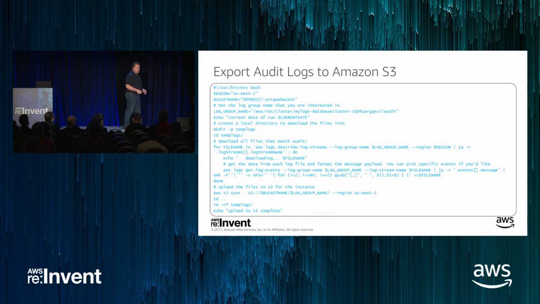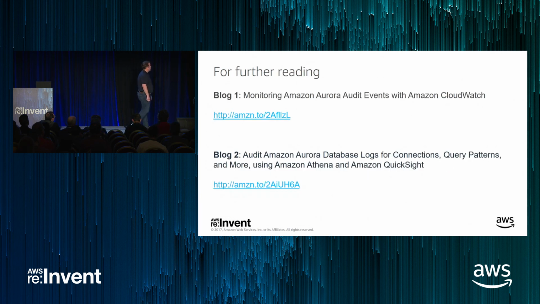Like Cheyenne was saying, this will all be available online for you to view at your leisure. But this is just a simple bash script that exports those CloudWatch logs into an S3 bucket. It's pretty straightforward. It's not that many lines of code, and it has comments in it. So it's a pretty easy thing to do to export those audit logs into S3.